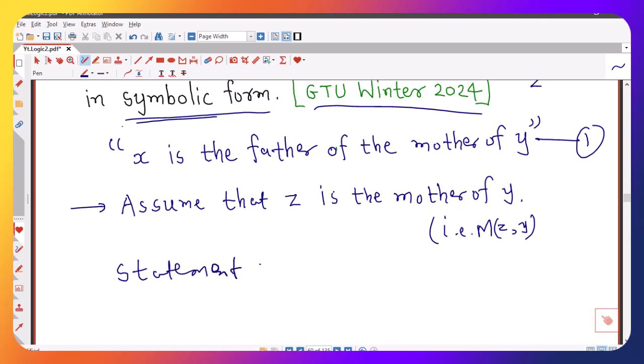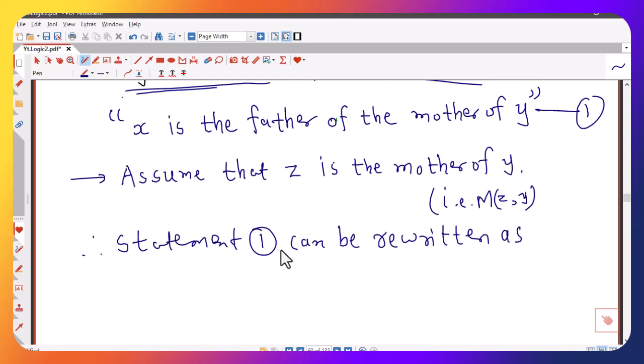If we use z as the mother of y, then statement 1 can be rewritten as x is the father of z, and z is the mother of y.